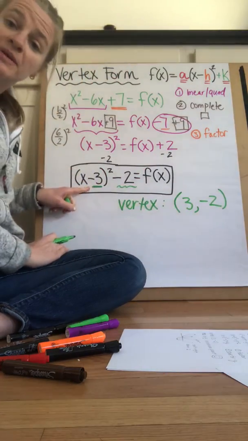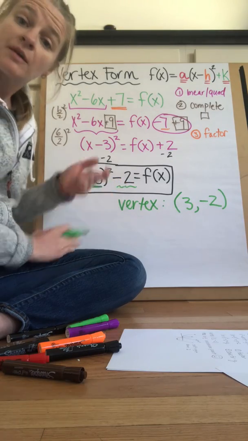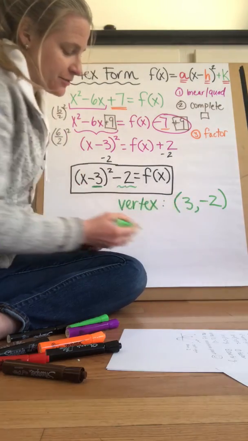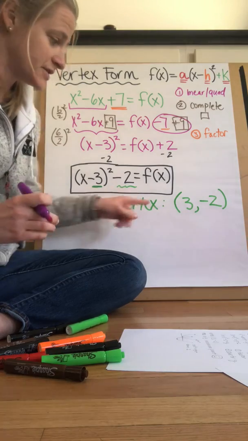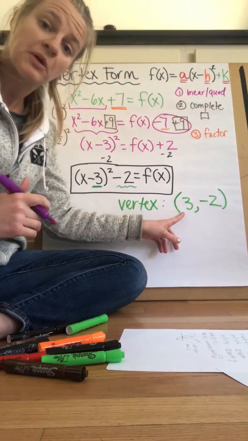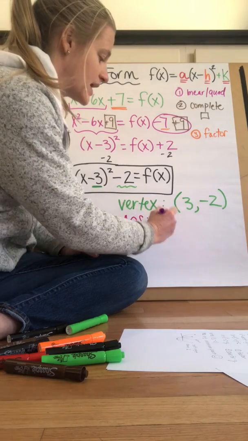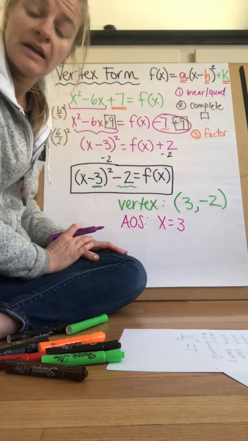It's always the opposite of what was inside, comma, what is on the outside. We'll talk about why that is this week, okay? If the vertex is at 3, negative 2, remember a lot of you, I put comments on your work last week, vertex is always a point. It's the turning point. That means our axis of symmetry for this graph is x equals positive 3, okay?